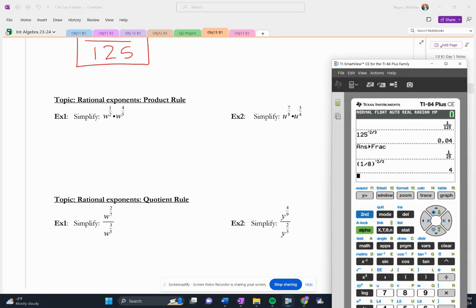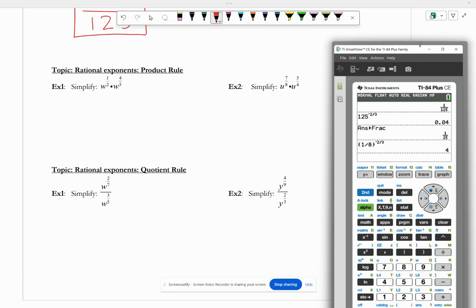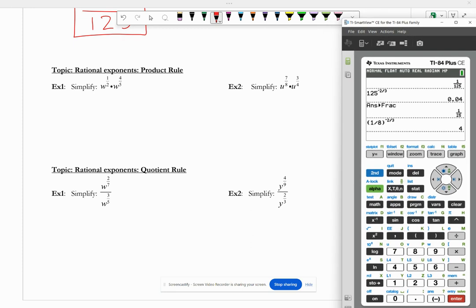When we talk about having the product rule and the quotient rule, it's important to notice if the variables are the same. In these, I do have the same variable. I have W both times and I have U both times.